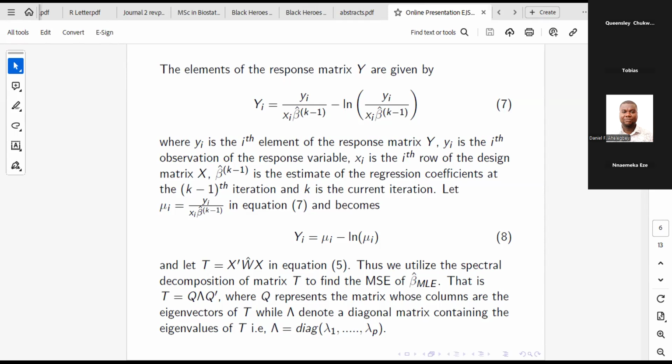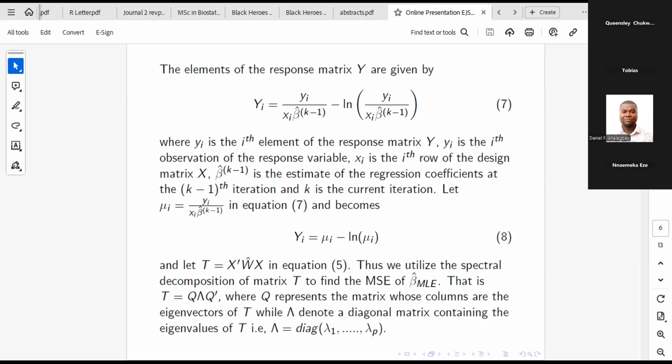Now, if we have that iteration, it would be important to look at how equation 7 would reduce if we substitute mu, which we wrote as yi over xi b to the power k minus 1. And it would reduce to equation 8.